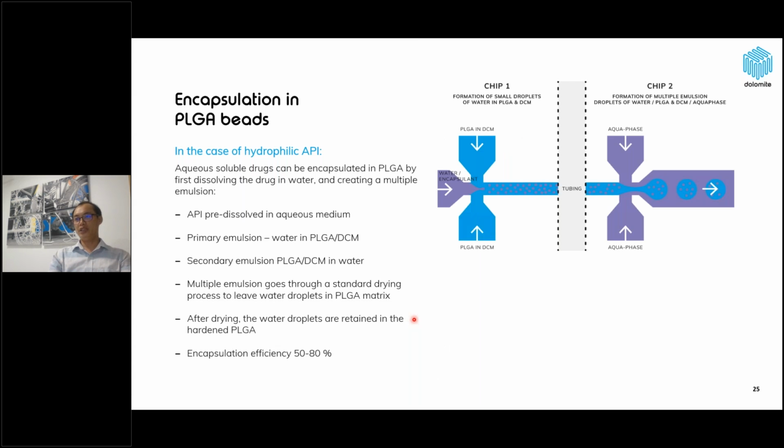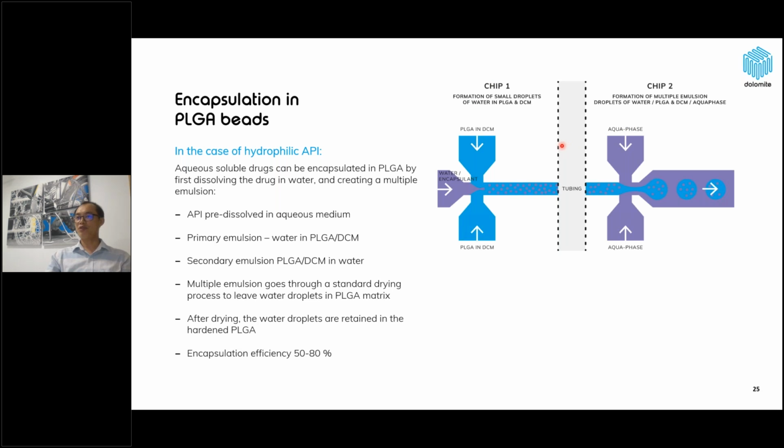In terms of the hydrophilic API, an aqueous soluble drug or API can be encapsulated in PLGA by first dissolving the drug in water and creating a multiple emulsion. So we use two chips with this formulation.